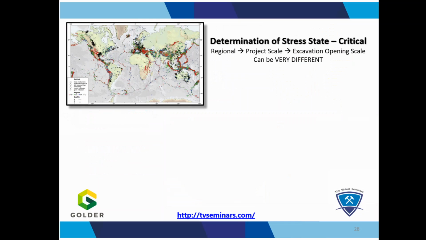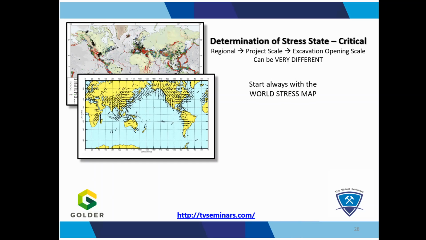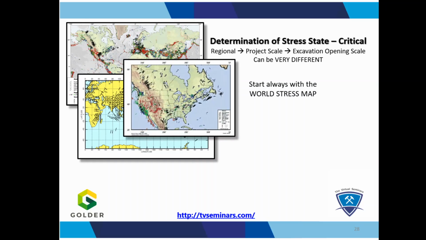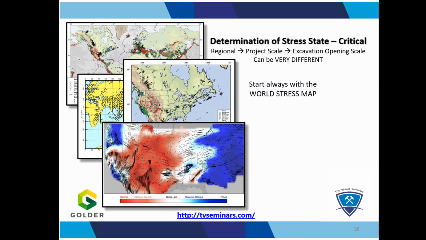So how do we look at stress, and what should we look at? First, we need to always think about the big picture. We should always start with looking at the World Stress Map, and there are various variations on this theme. These show the principal stress trajectory for nearly everywhere in the world. This is the North American map, and this is a variant on that map. But this is plotted in a slightly different manner.